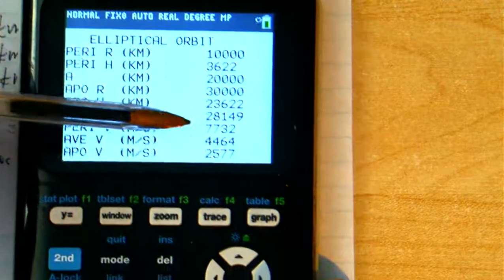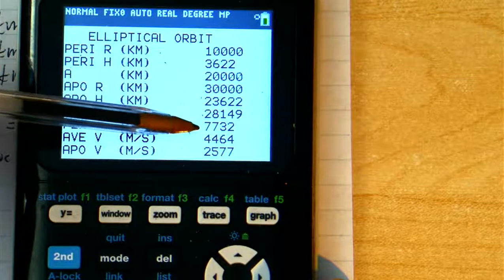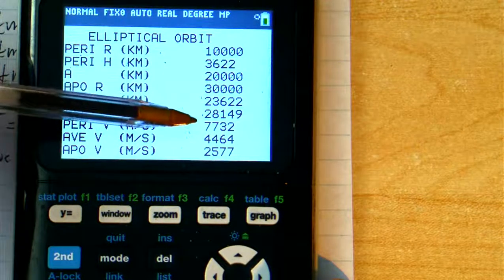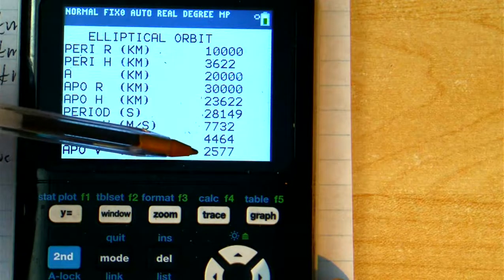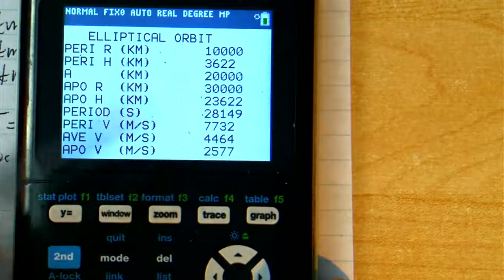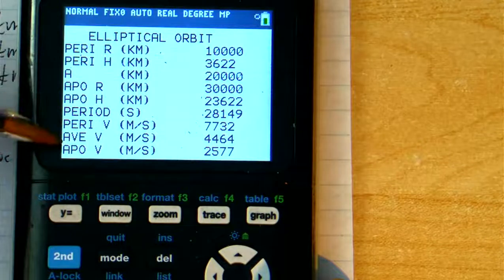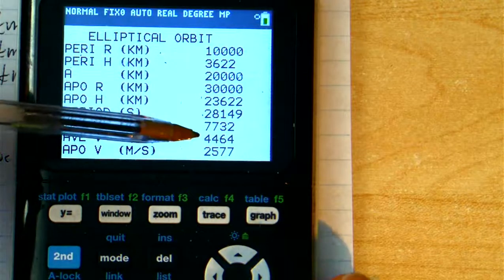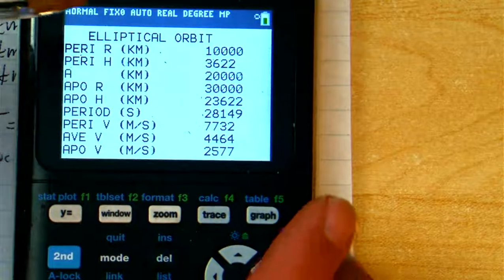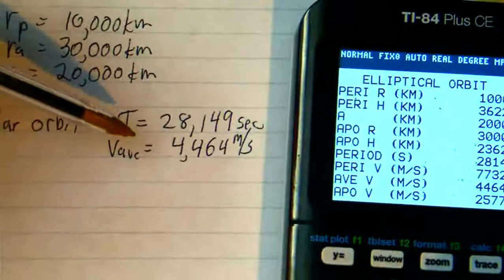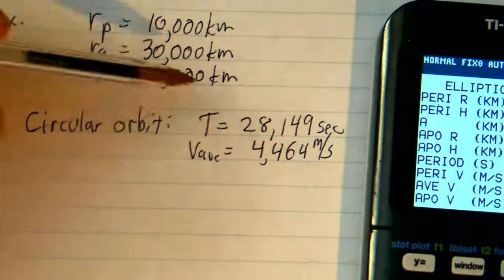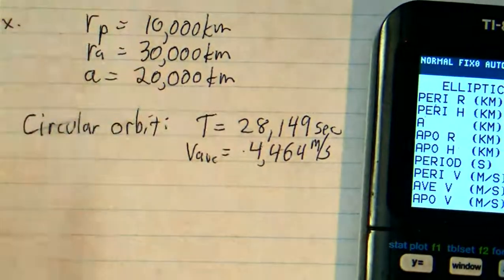The periapsis velocity is a big number because you're going fast. The apoapsis velocity at the bottom is a small number because you're going slow, but the average velocity, 4,464 meters per second, ta-da, matches the circular orbit of 4,464 meters per second.